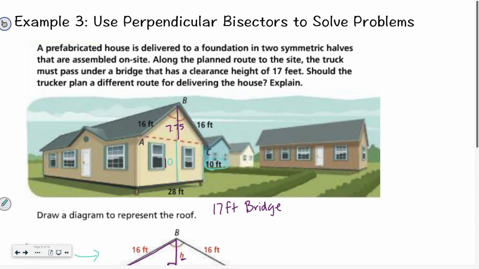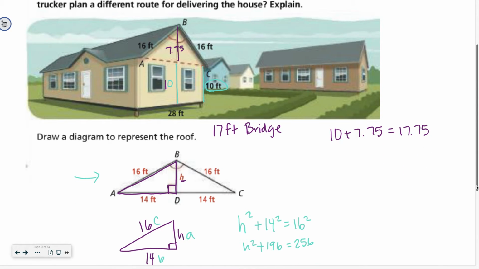So if I do 10 plus 7.75, the total height of the house is going to be 17.75, which is greater than 17 feet, that 17-foot clearance. So that means that the trucker must plan a different route to deliver this house. It cannot go under that bridge.